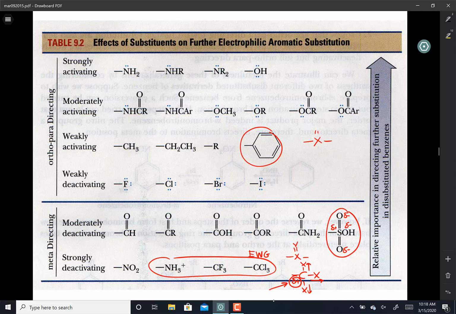And we've talked about NO2 and the NH3 plus, or this is also an NR3 plus group. Okay, so this chart just gives you a little bit more detail, but really if I give you something that is kind of new, it's going to fit either this group or the X double bond Y group, so that you're able to tell, okay, it's electron donating or withdrawing.